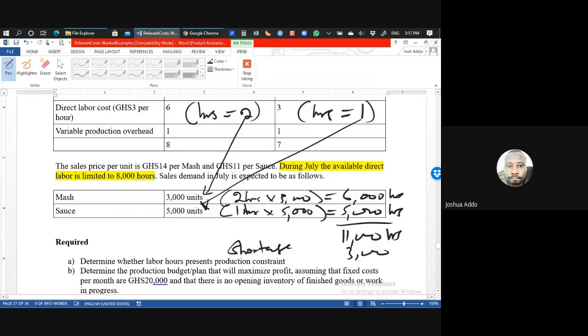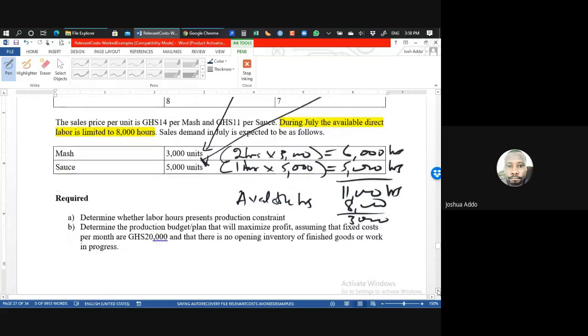So in fact, you can do it this way. So this is the hours required. Then you can do available hours. It is 8,000. So the shortage is 3,000. The shortage. So this is how you determine the limiting factor. Anyway, I am pre-solving the question.